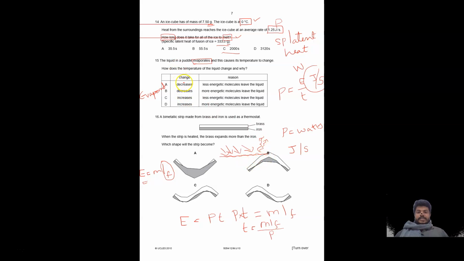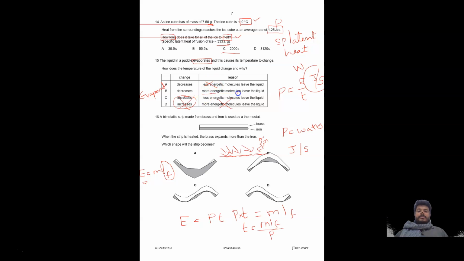So what happened to the temperature, increase or decrease? These two options are wrong, right? Because when there is evaporation, the temperature decreases. These two options we have to look at. The reason: less energetic molecules leave the liquid? Less energetic molecules cannot leave.